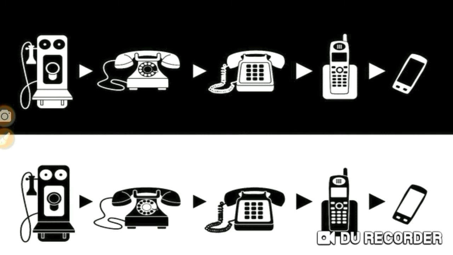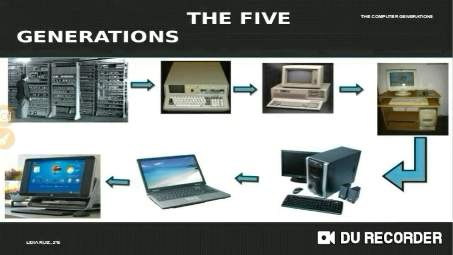This is possible due to the technology used. In the same way, computers also use different technology, and on the basis of this technology, these computers are divided into five different computer generations.